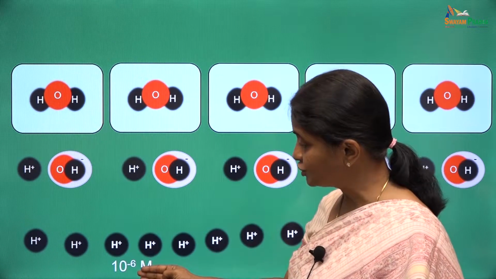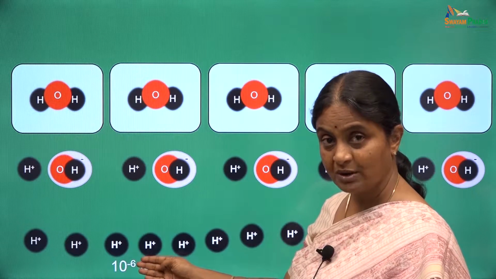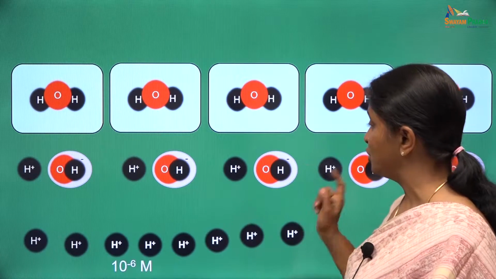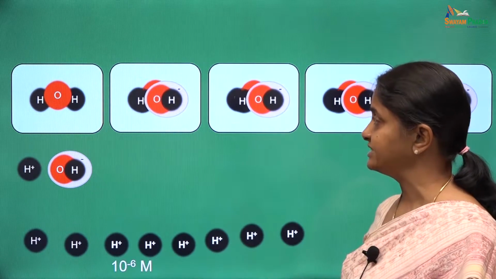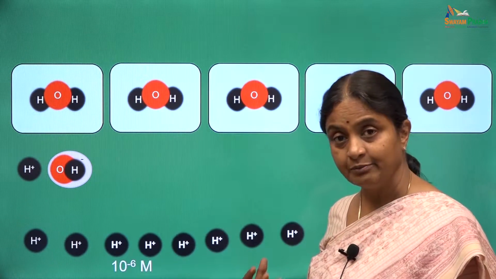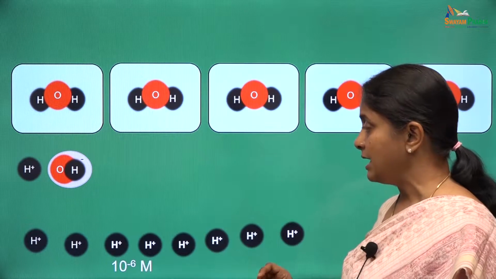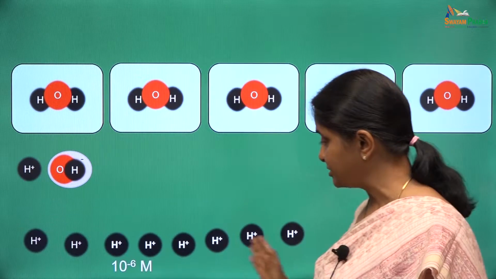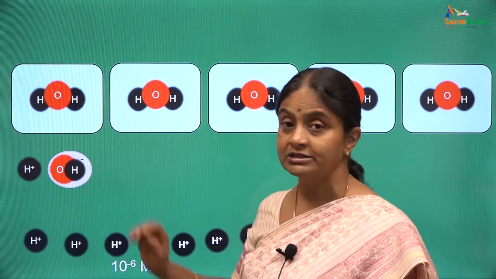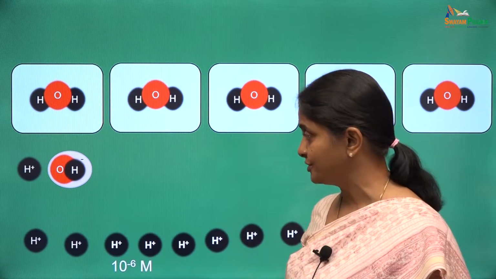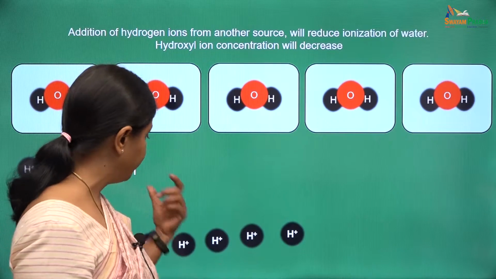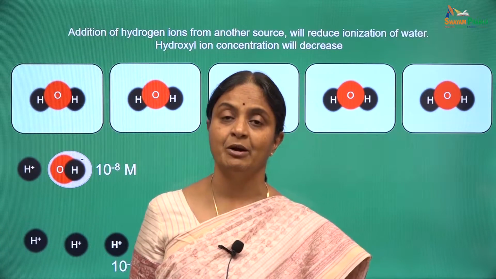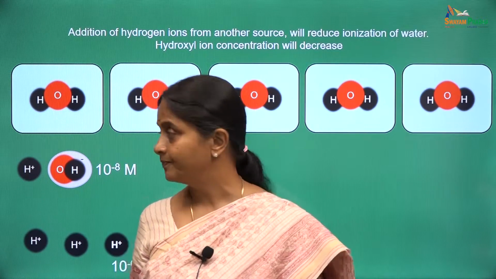When we have added extra hydrogen ions, now it is at 1 micromole per liter, some of the ionized water molecules will move into the stable state. They will combine and move into the stable state, and you will have a situation where because of the presence of extra hydrogen ions, the hydroxyl ion concentration has reduced such that the product of concentrations of these two species remains at 10 to the power minus 14 molar.